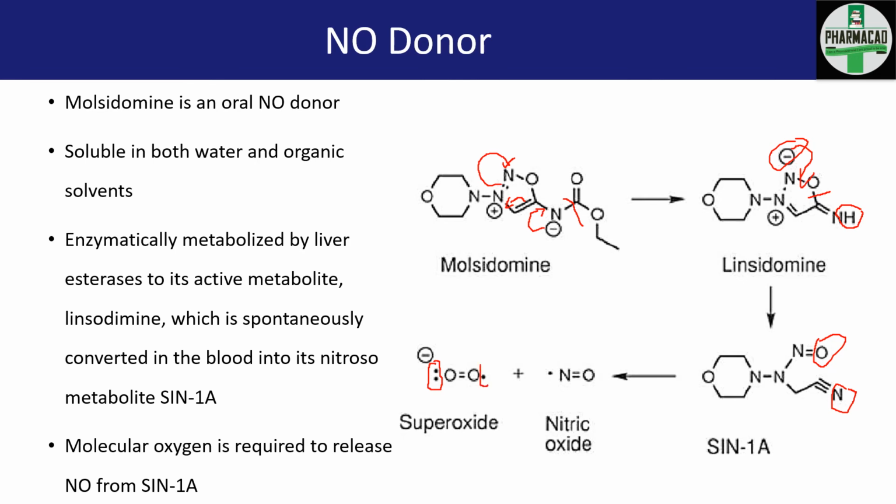So one electron from one lone pair is given to the nitric oxide, and that's how it is cleaved and released from SIN-1A and separated from the molecule. After this, the nitric oxide will show the same mechanism of increasing cGMP levels inside the blood vessel wall cell and then causing vasodilation.